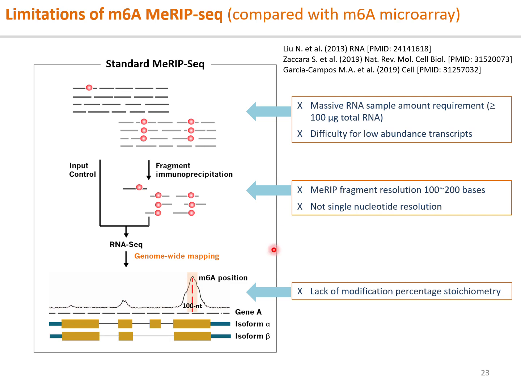It is also difficult to profile m6A modification to specific transcript isoforms due to the generally low sensitivity of transcript assembly by RNA sequencing. Furthermore, MeRIP sequencing requires massive amounts of RNA, greater than 100 micrograms, to do the experiment, which is not practically available under many circumstances.